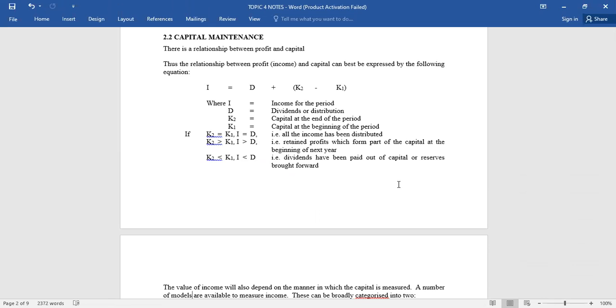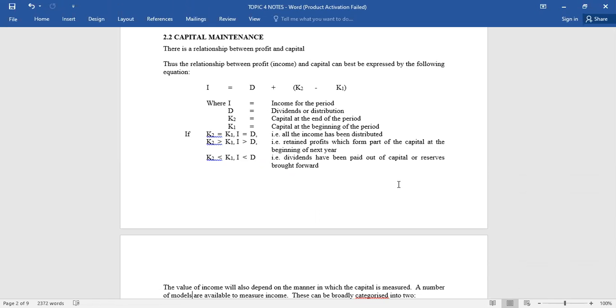Now, we have capital maintenance, which is the first case scenario or point of argument. In this one, we are saying that there is always a relationship between profit and capital. Conventionally speaking, if we go the traditional way, we know that profit is calculated by setting the expenses against the revenue. So I had my sales for this period, let's say 1 million.